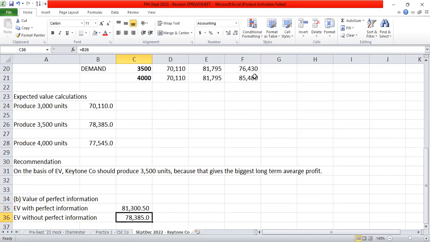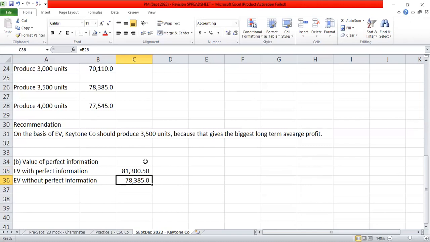So, value of perfect information is the difference between the two.